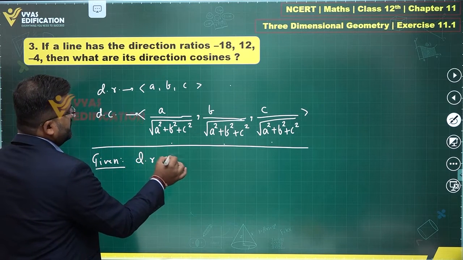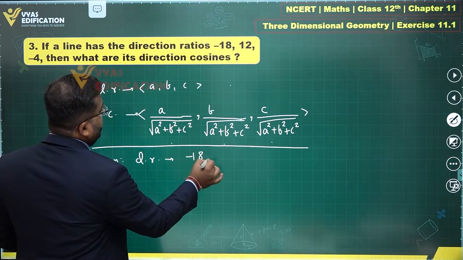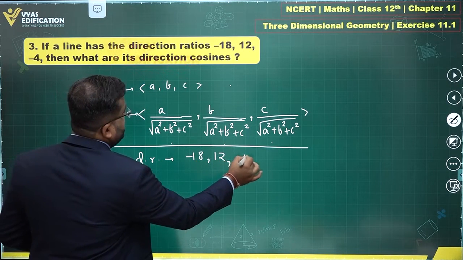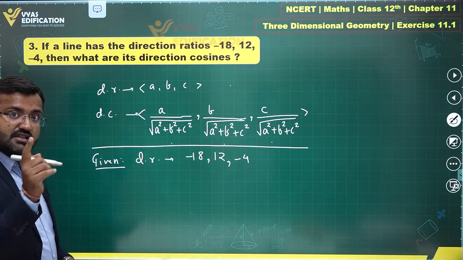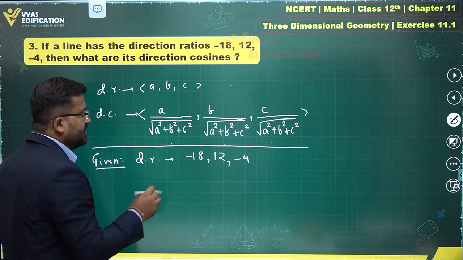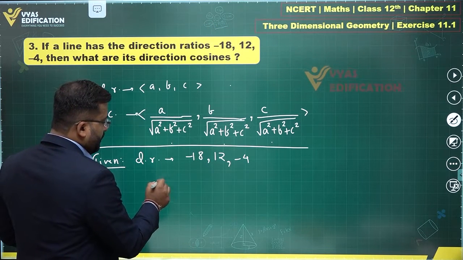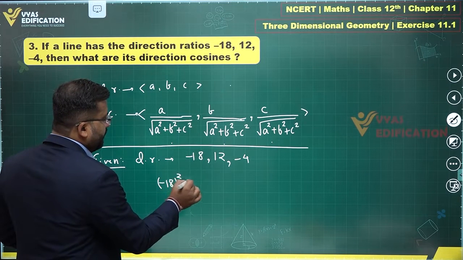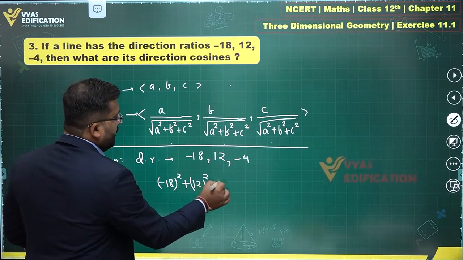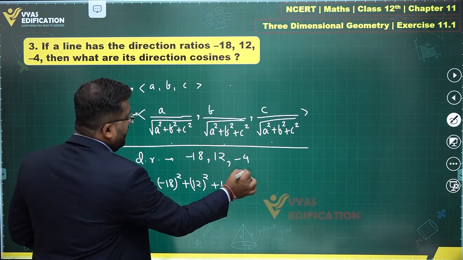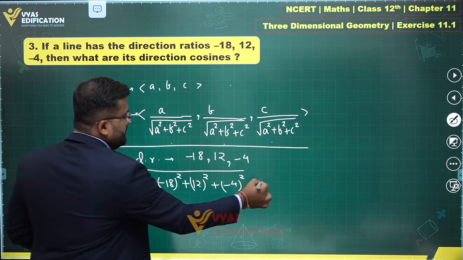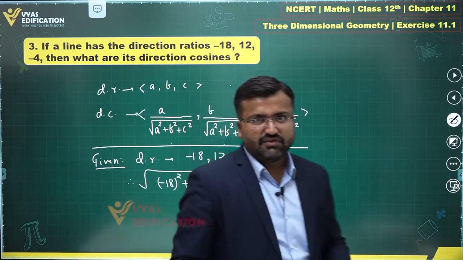Direction ratios as minus 18, comma 12, comma minus 4. Find the sum of squares and under root first. Therefore, under root of minus 18 square plus 12 square plus minus 4 squared will be equal to what? Let's find that first.